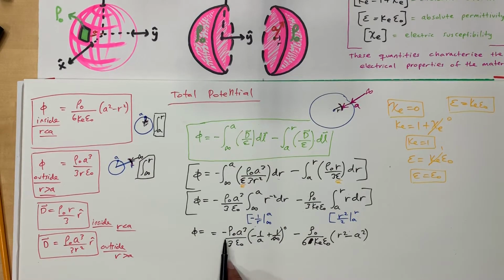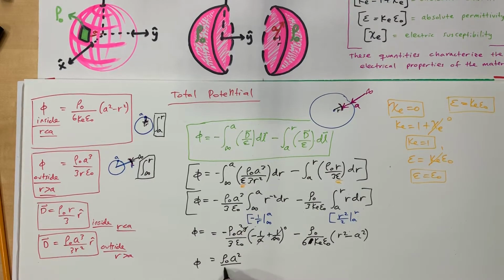This negative and this negative right here cancel. And so we see that this A cancels with one of them up here. And so we're gonna have the potential equals a positive, right? Because this negative cancels. We're gonna have rho naught A squared, because this was to the third, there's an A down here.